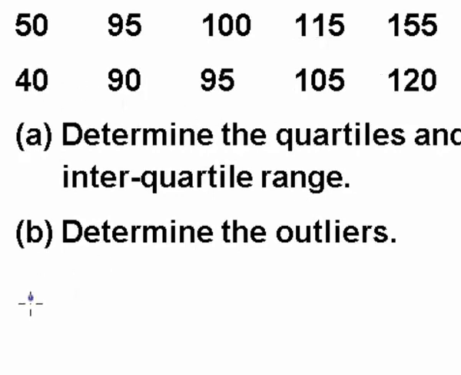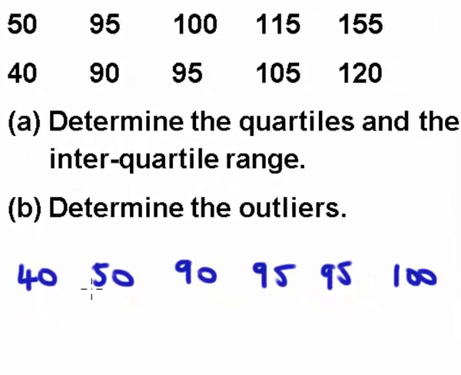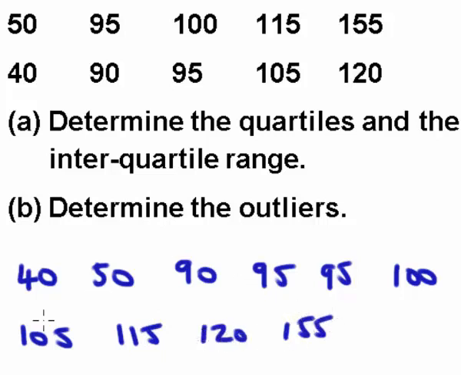The smallest is 40, then 50, then 90, then 95, 95 again, then 100, and then 105, 115, 120, and 155.